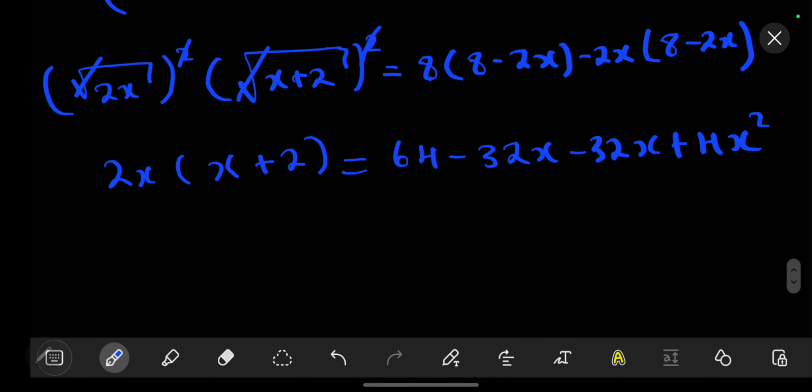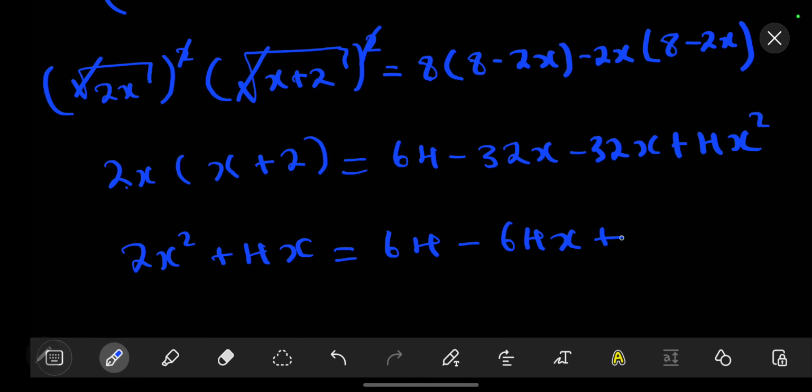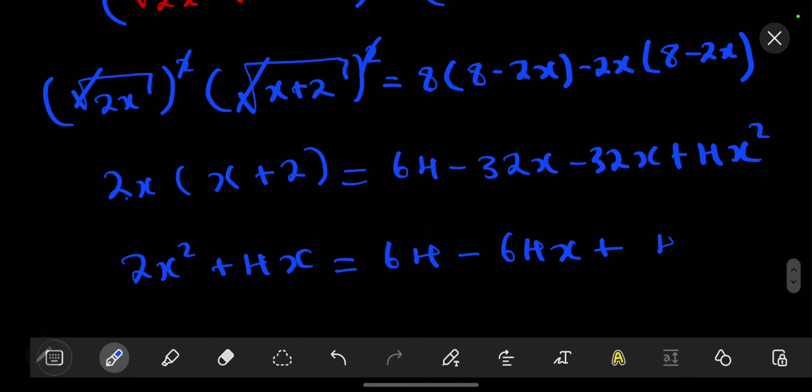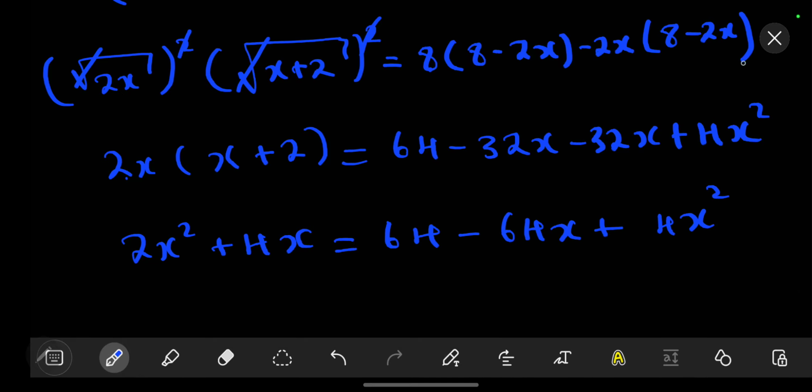So after that, we can now multiply. So we have 2x times 2x, it will be 2x squared. 2x times 2, it will be plus 4x. Then we are remaining with should be equal to 64. So then our negative 32x minus 32x, this one will be minus 64x. Then we have plus our 4x squared.